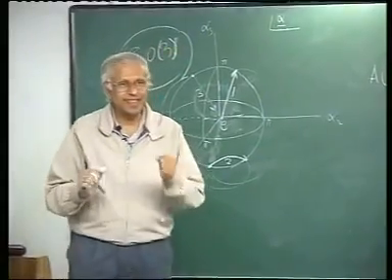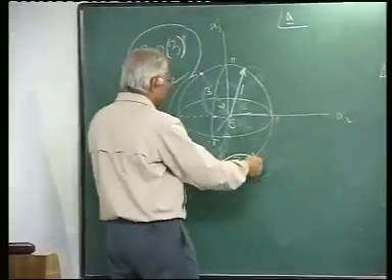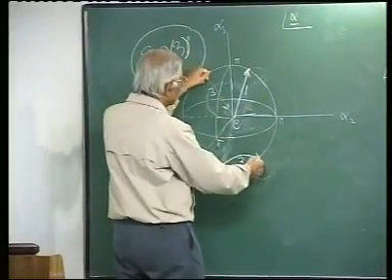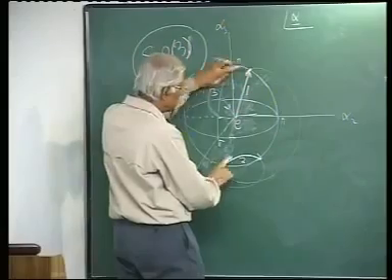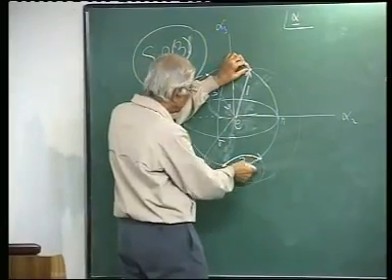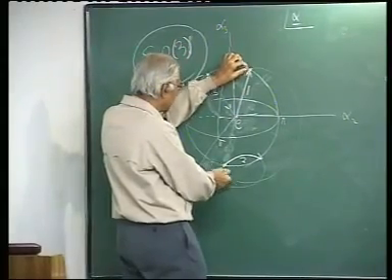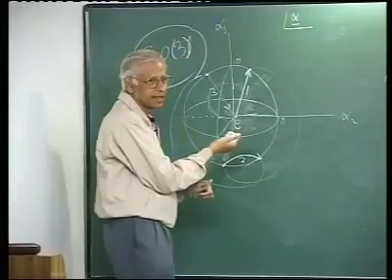This loop, I can shrink it to 0. Why? Because if I move this one, this pair will not be affected. This will move. When I make this coincide with this, this will coincide with this. And once I do that, I can pull everything inside.